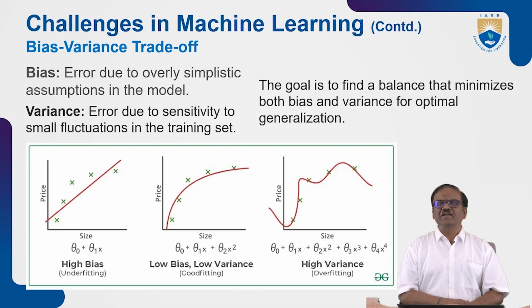The goal is to find a balance that minimizes both bias and variance for optimal generalization. That is the challenge in machine learning, bias and variance trade-off. Trade-off means where they will be optimally meeting to give the best performance.